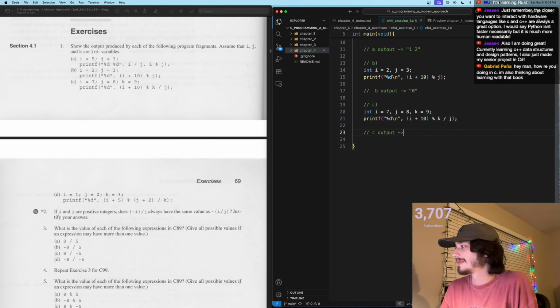will be, oh, I don't know, what does the modulo order of operations do with modulo? I think it'll go left to right, probably. So this will go 7 plus 10 is 17. Modulo by K. Oh, I don't know. This one's tricky. What do you guys think?